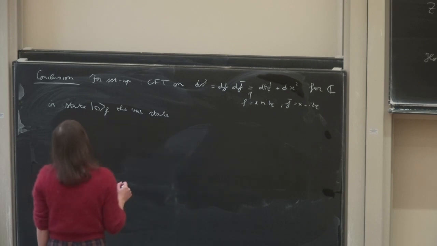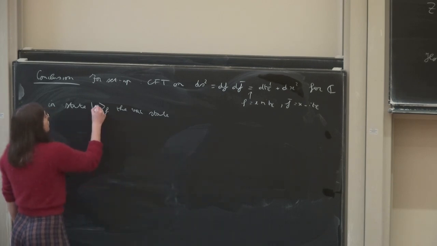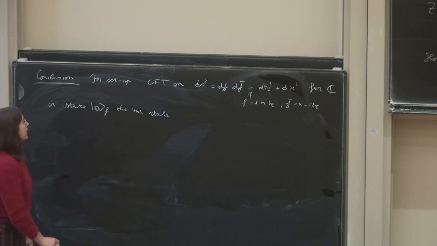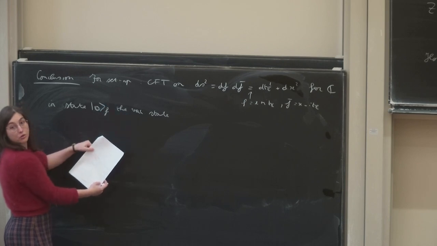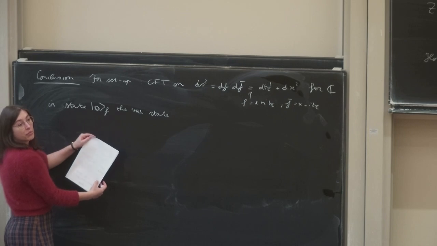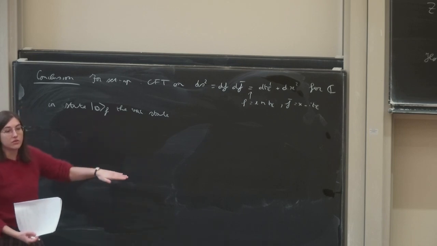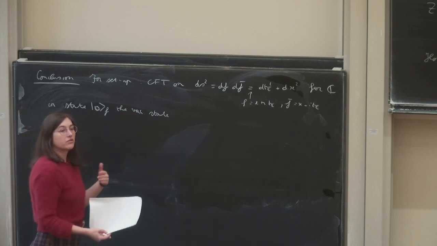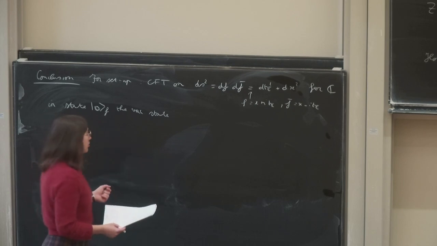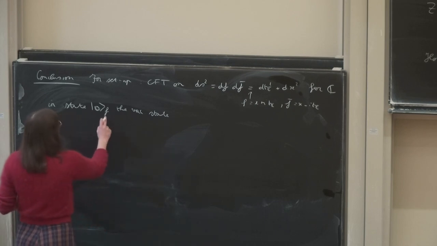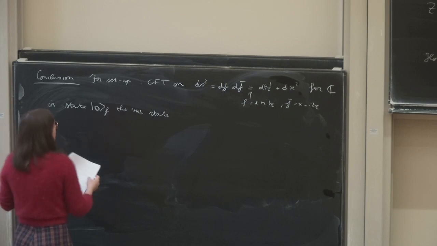When saying the vacuum state, you should tell me with respect to which coordinates, because the vacuum state is a zero energy state. So I'll want to know what your measurement of time is to understand what you mean by the vacuum state. That's why I'm including the subscript here.